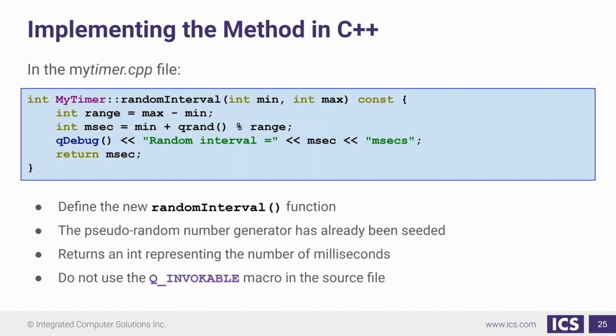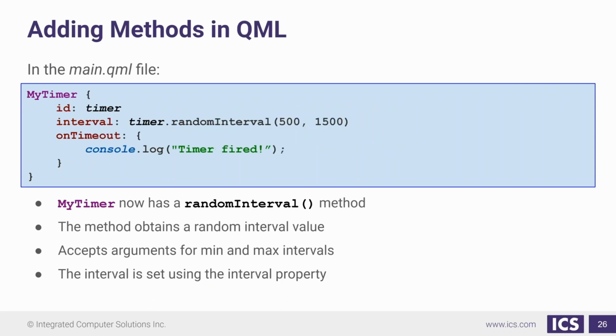We only do that in the header file. Now, when we use this in QML, we can go ahead and just use it by qualifying it with timer.randomInterval. We'll give it the 2 values, and it will provide for us the value to set our interval.